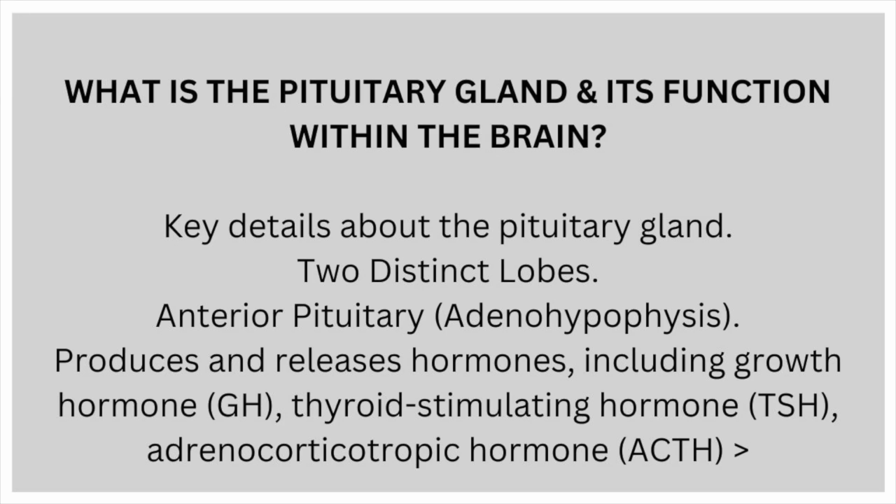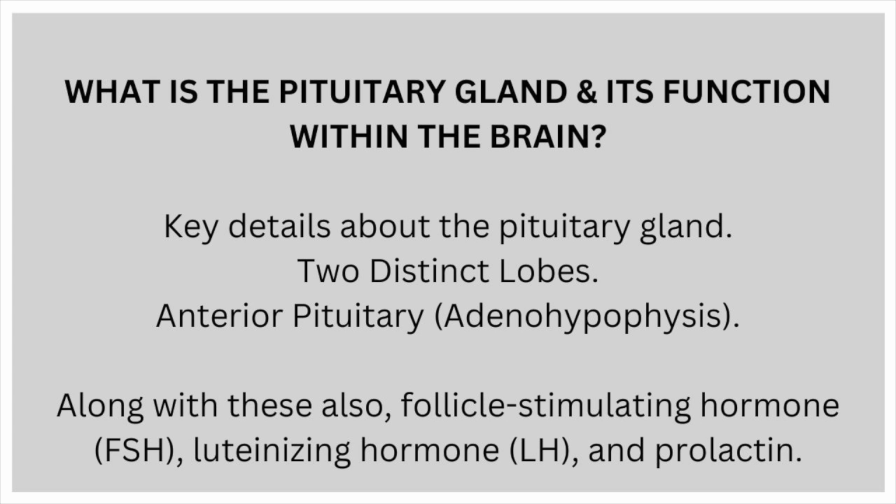It produces and releases hormones including growth hormone, GH, thyroid stimulating hormone, TSH, and the adrenocorticotropic hormone, ACTH, along with follicle stimulating hormone, FSH, the luteinizing hormone, LH, and also prolactin.